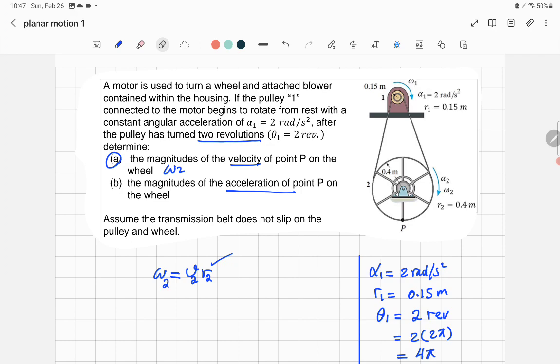Not only that, even the tangential acceleration, because the belt is tangent to the wheel and tangent to the pulley. So I can also say that the tangential acceleration of the pulley will be equal to the tangential acceleration of the wheel. That happens because we have an ideal transmission belt that does not slip.